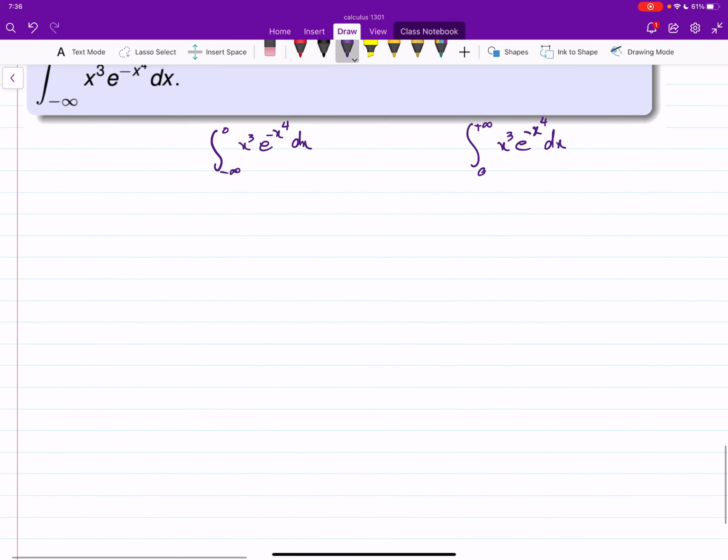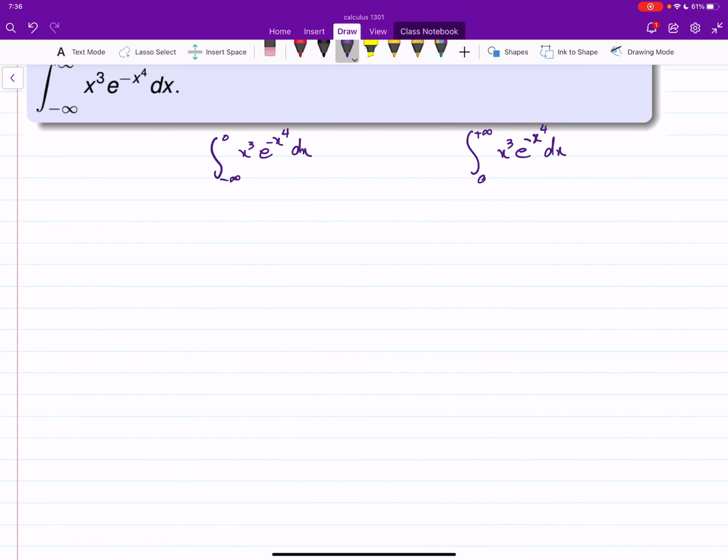Okay. Now, for both of them, I have to find the antiderivative of x cubed e to the power negative x to the power 4. So I will go ahead and do it here. So e to the power something, I would say just put u to be that something, or here I would just put u equals x to the power 4, because the derivative of x to the power 4 is 4x cubed dx, which is kind of there, yes.